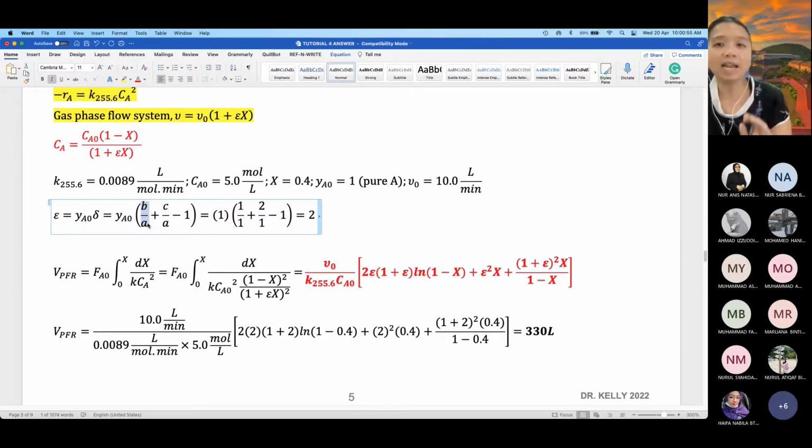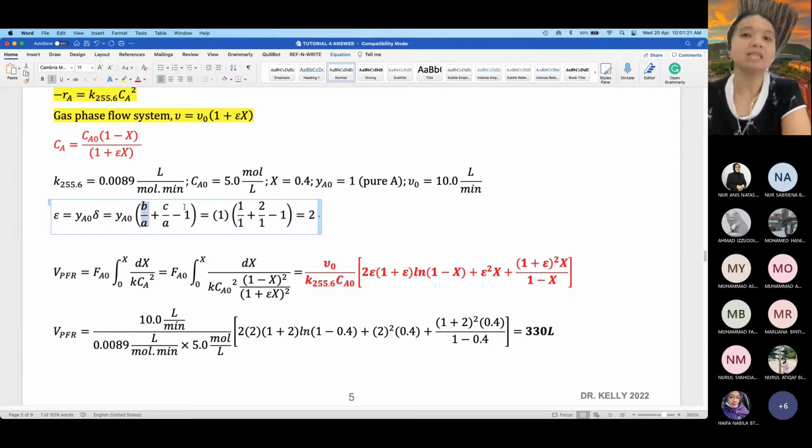Okay, then minus 1. Technically is minus A per A sebab A adalah reactant. That's why you have to minus because A is reactant. Technically adalah minus A per A. Tapi A per A adalah 1. That's why they write it as minus 1. Okay, so if you are confused kenapa B per A, C per A, tiba-tiba 1, sebab 1 tu sebenarnya adalah untuk A per A. So it become 1 lah.